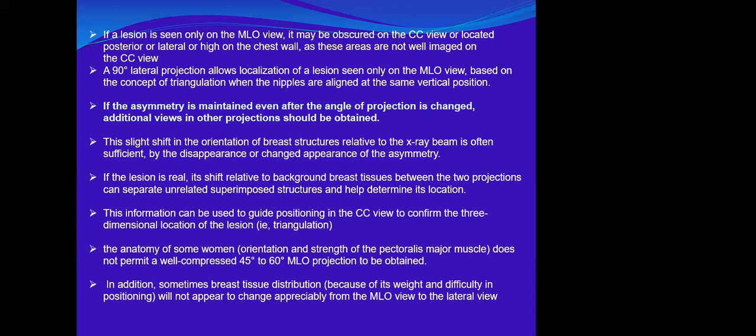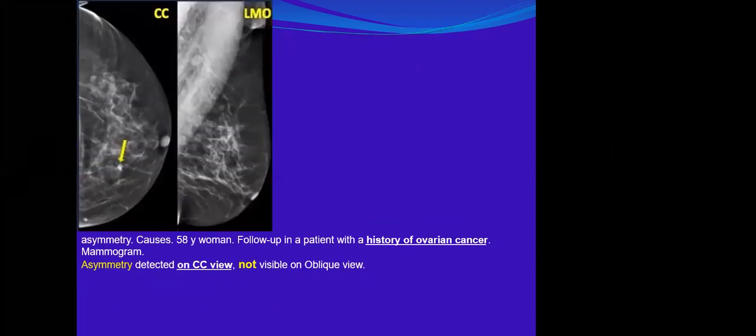The anatomy of the woman, the orientation and strength of the pectoralis muscles, might hinder the proper compression of the breast on the MLO. When we do a straight lateral, it will help in more compression and will allow us to differentiate if the lesion is there or not, and if it is real or not.